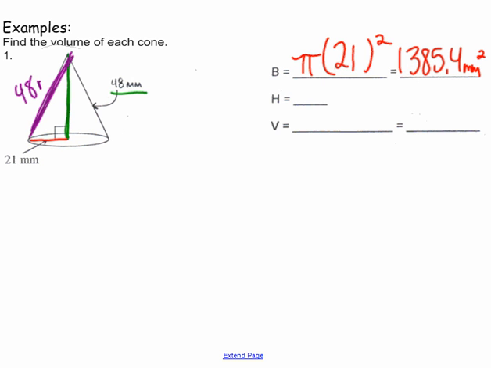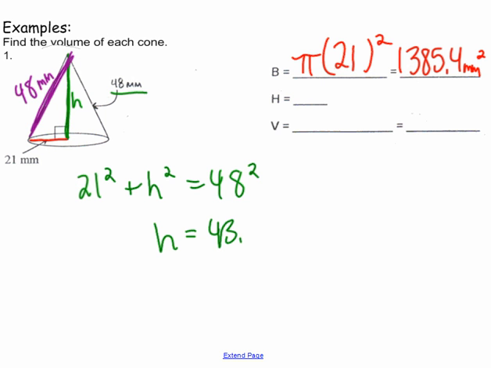So I'm going to write the 48 millimeters, and I'm going to use Pythagorean theorem to find the height. So 21 squared plus h squared equals 48 squared. And when I type all that in, I get 43.2. So an extra step on this one, I had to do the Pythagorean theorem.